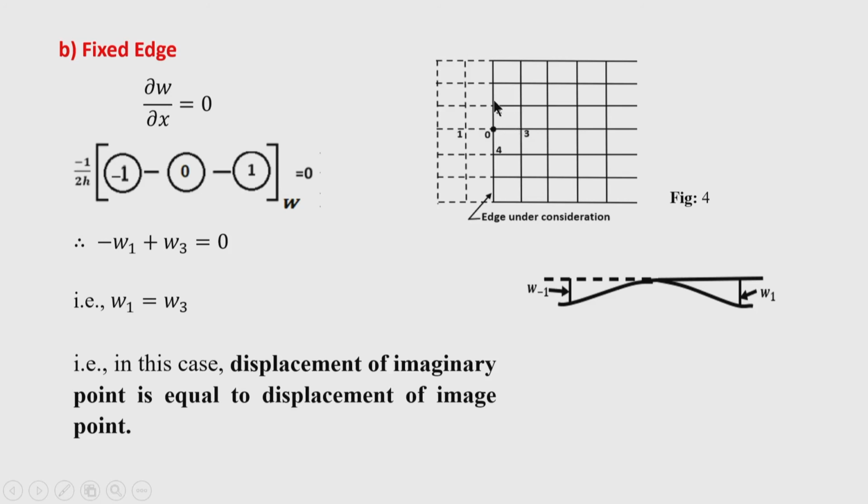The deflections at 2, 0 and 4 are 0, because this is falling on the fixed edge. Now if I express this, you can see here this coefficient is minus 1. So, minus W1 plus W3 equal to 0. Therefore, W1 equals W3. In this case, the displacement of the imaginary point is equal to the displacement of the image point.